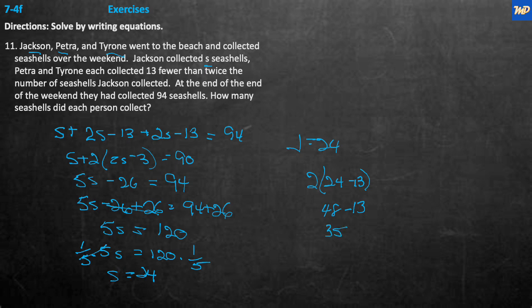So Petra and Tyrone each had 35. And if we add them up, we have 24 plus 35 plus 35 is equal to 94. 35 and 35 is 70, and 24 is 94. Okay? Thanks for sticking with it.